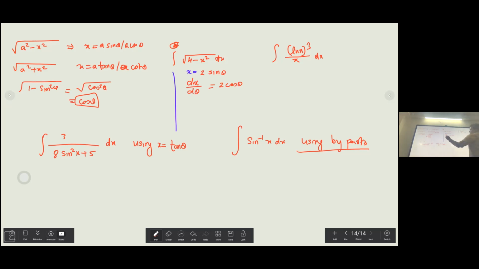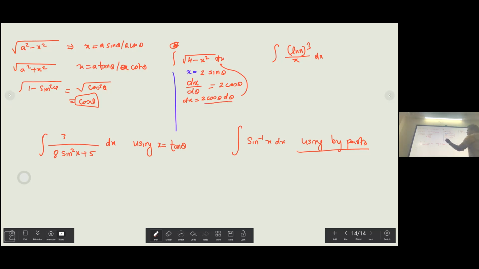Now, in place of dx, I'm going to put 2 cos theta d theta because it's very important. If your integration is now in terms of theta, every variable should be in terms of theta. So in place of this dx, I'm going to put 2 cos theta d theta.